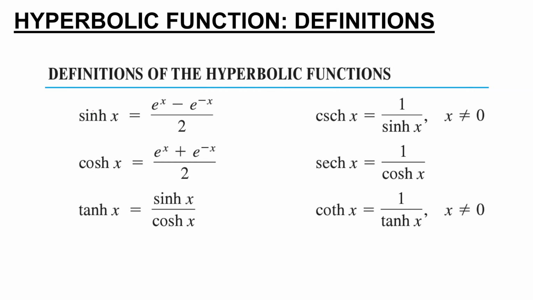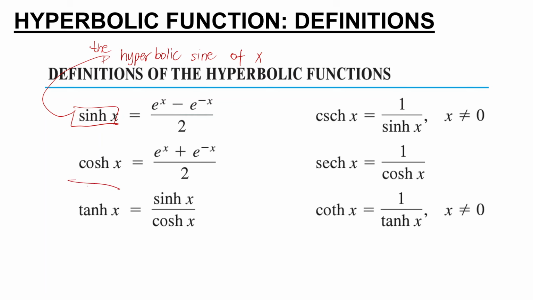By the way, we read this as the hyperbolic sine of x, and the hyperbolic sine of x is just equal to e raised to the x minus e raised to negative x all over 2.